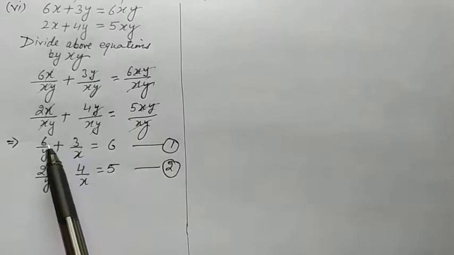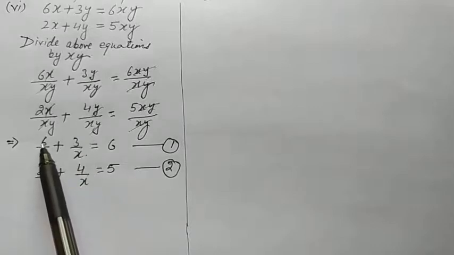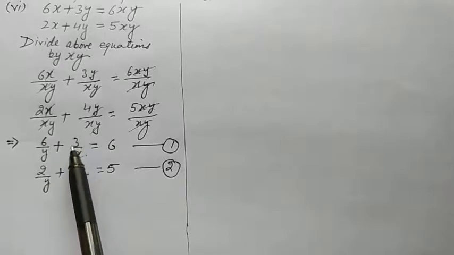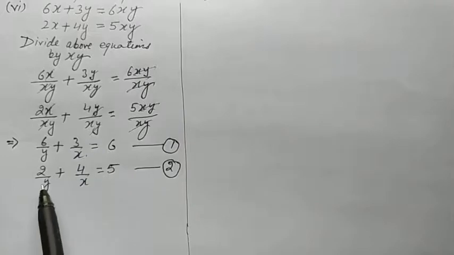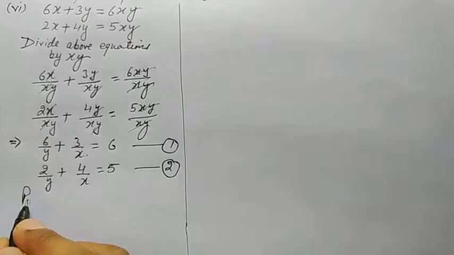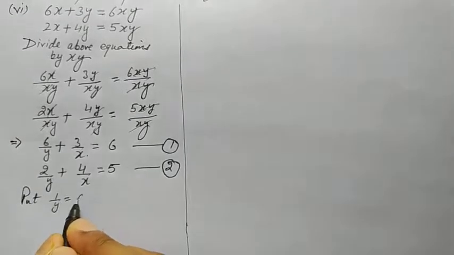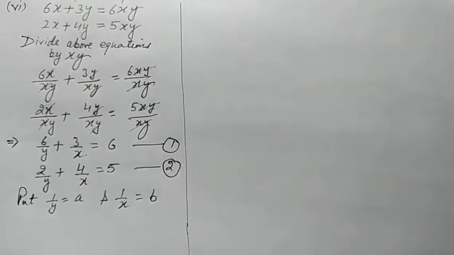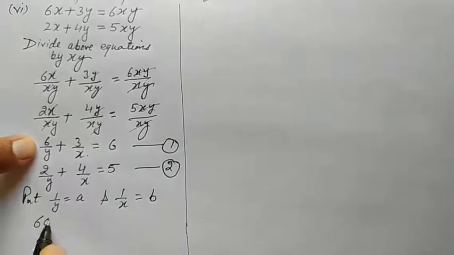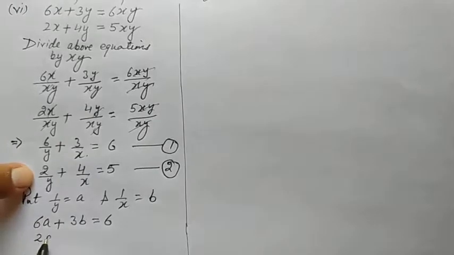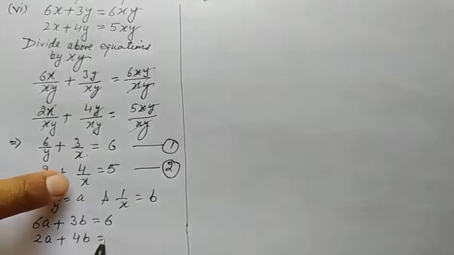If I put 1 by y as a and 1 by x as b, it becomes 6a plus 3b is equal to 6, and here also it becomes 2a plus 4b is equal to 5.